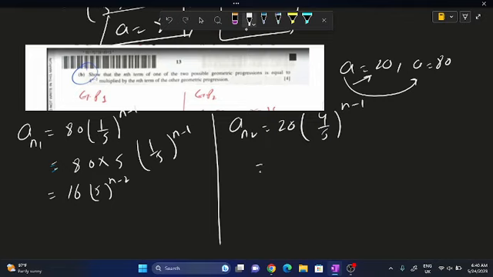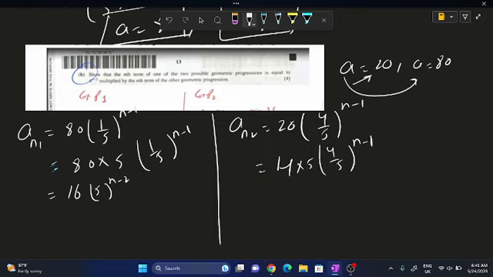So it can be written as 20 times, and 20 can be written as 4 times 5, (4 by 5) whole raised to the power n minus 1.